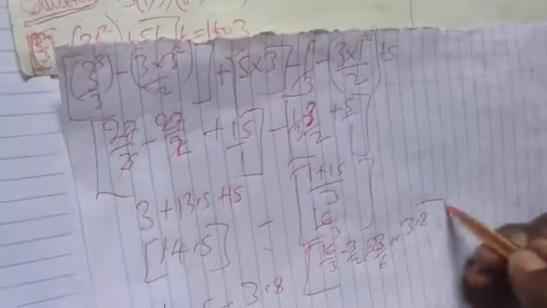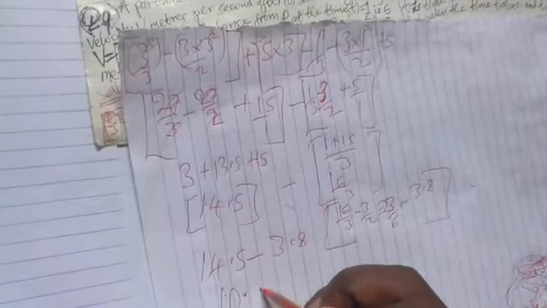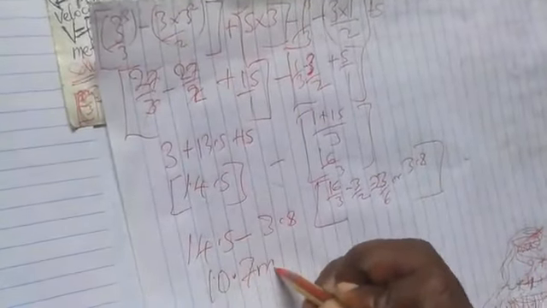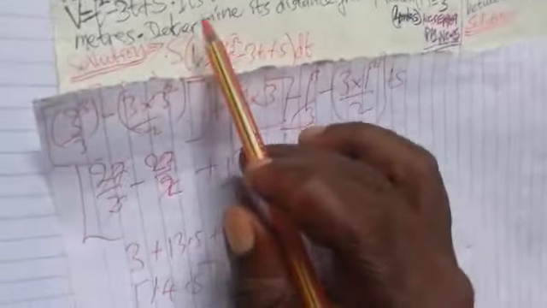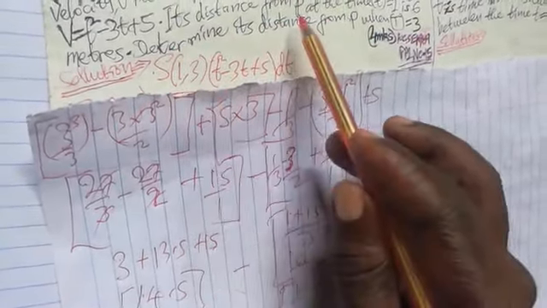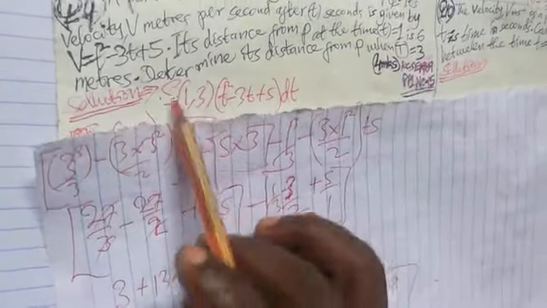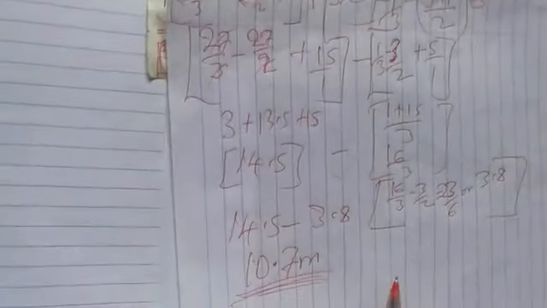This will give us 10.7 meters, because it is the distance p from time t 1 to 6. Determine the distance p when t is 3. Then the distance is 10.7 meters.